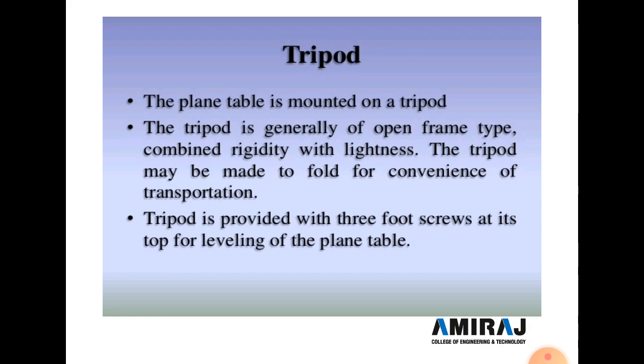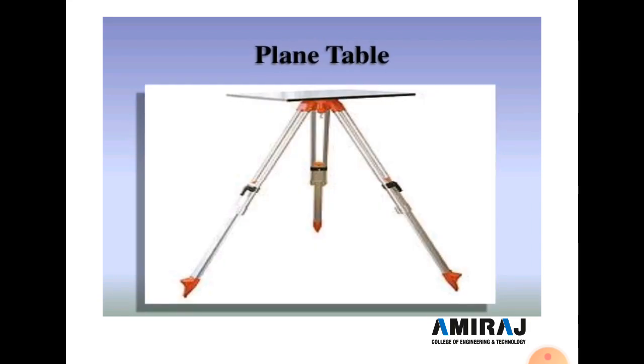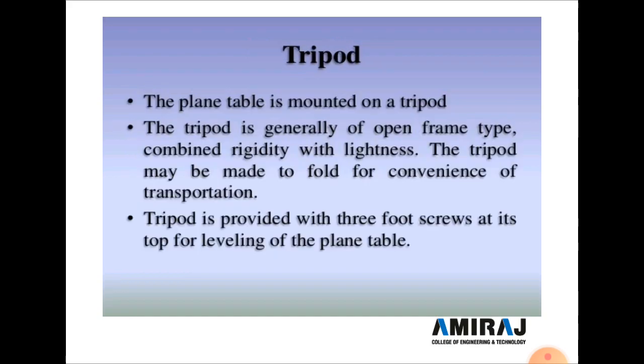Now second, we start with the instrument or equipment, which is the tripod stand. The plane table is mounted on a tripod stand, as you saw in the last figure. The tripod is generally an open frame type, combined rigidity with lightness, and the tripod is made to fold for convenience of transportation.